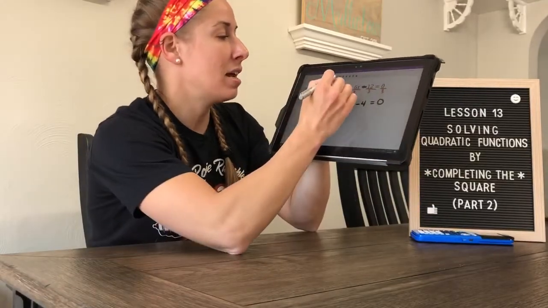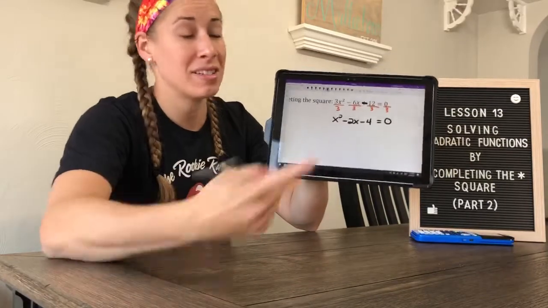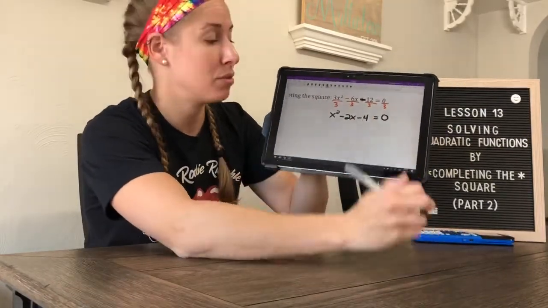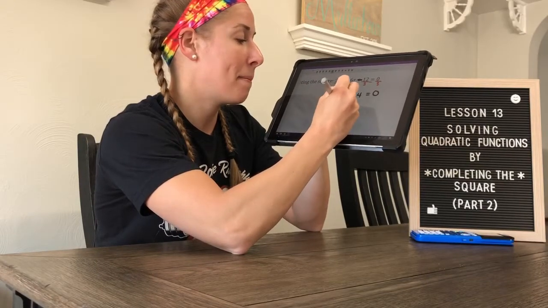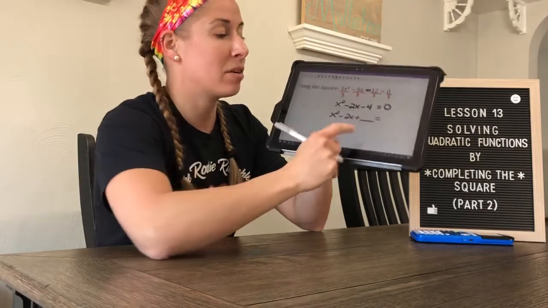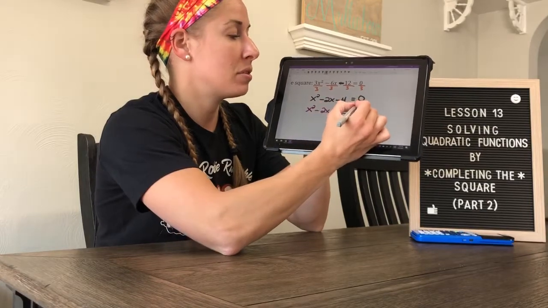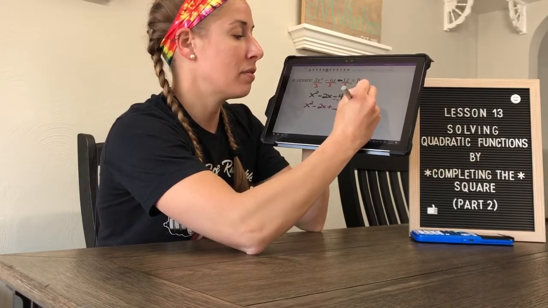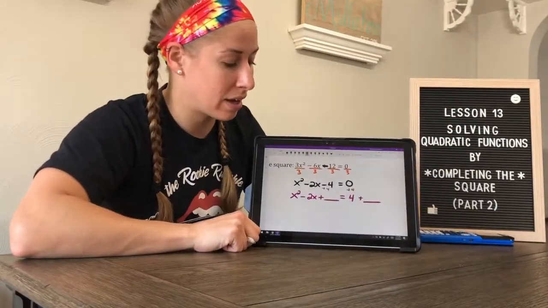So we're going to set it up to complete the square. That was the first step there, or actually, this is the second step now that we've incorporated this new first step. So setting it up to complete the square: x squared minus 2x plus the c value that does make it a perfect square. And then we're going to add that 4 to both sides. So we've got 4 plus that same blank, that c value.